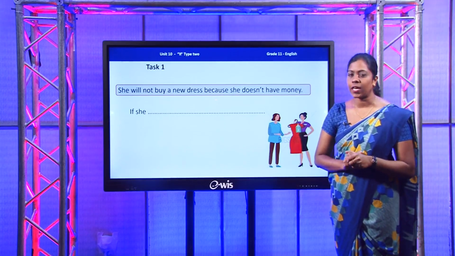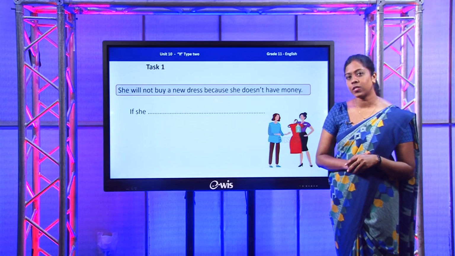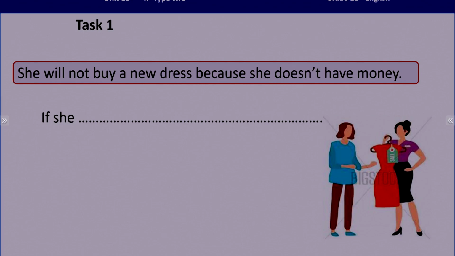If she, that means you're going to start your sentence with the if clause. Give it a try. You are supposed to use the simple past verb in the if clause, and in the main clause you should use would along with the base form of the verb.